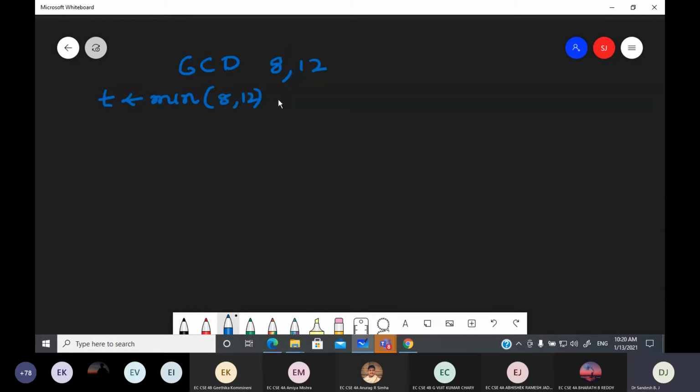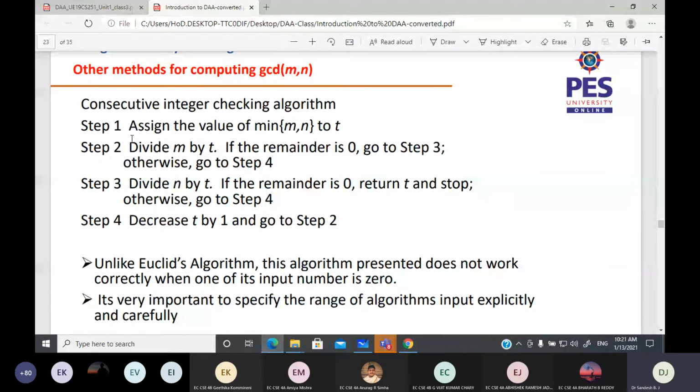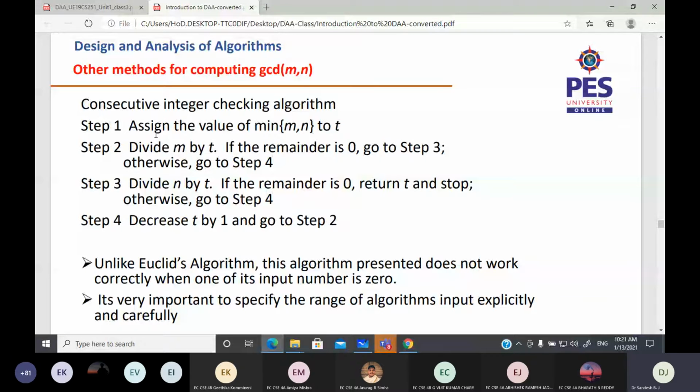So we will take the minimum of these numbers. As we know, a common divisor cannot be greater than the smaller of these two numbers, so we denote that smaller number by T. According to the algorithm, in step 1, we will assign the value of min of m and n to T.